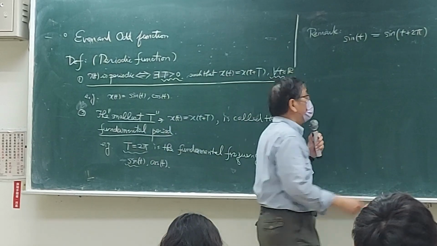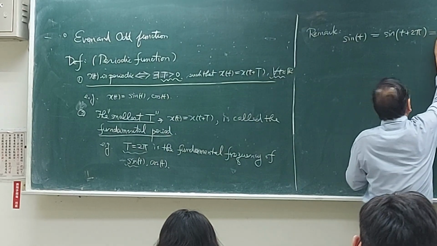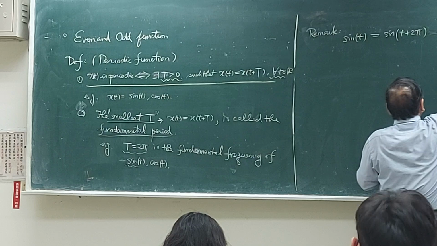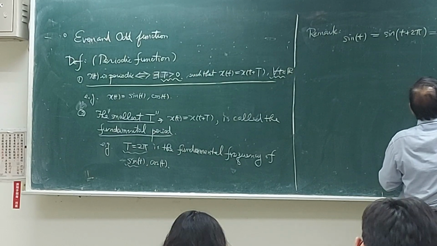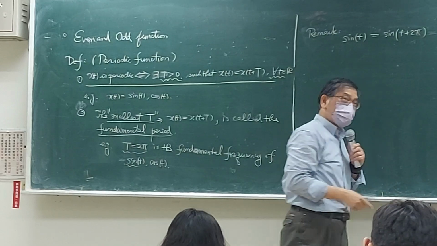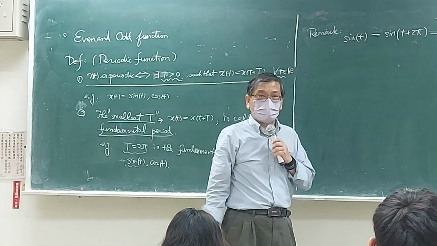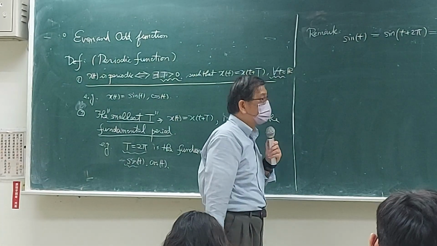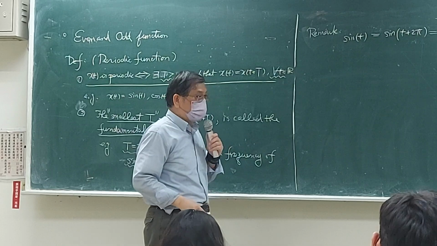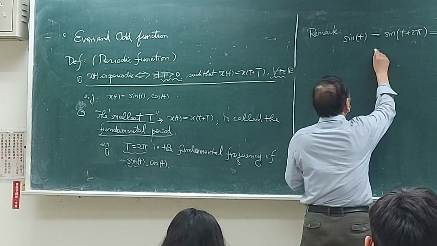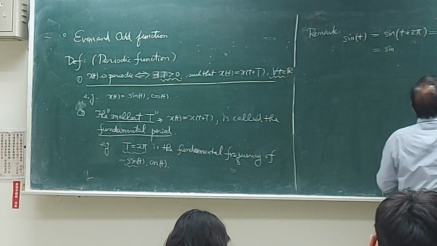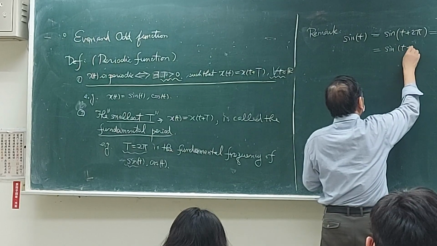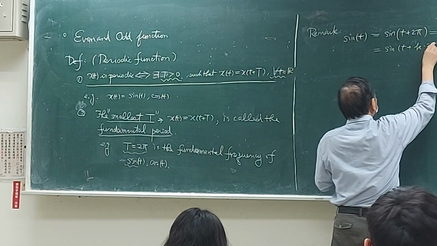Okay. But then I will add another 2 pi. It is still identical. I can keep doing the same procedure again and again, so this is equal to t plus a times 2 pi.